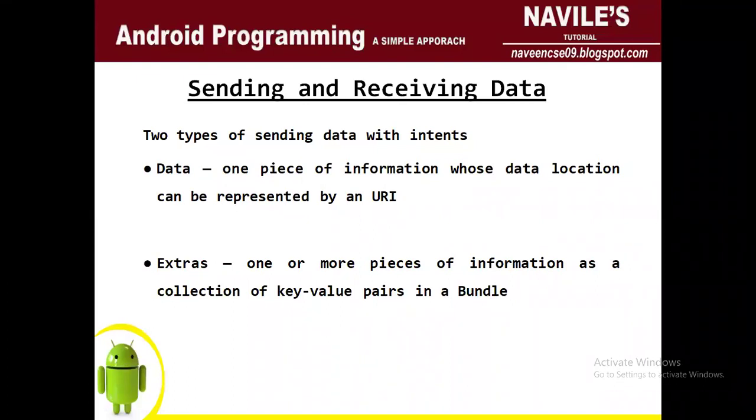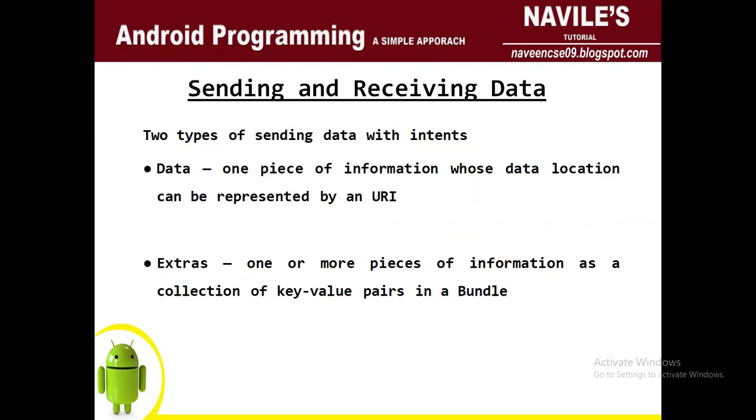Intents not only support you to move from one activity to another activity, but also support you to send and receive data. There are two types of sending data within intents. One is data, another one is extras. Data is one piece of information whose data location can be represented by a URI, or what we call a URL.